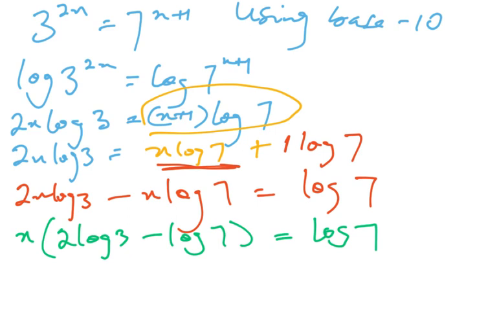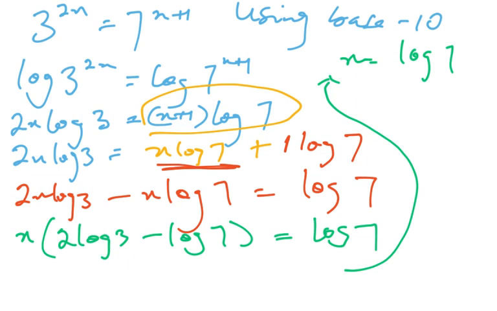So making x the subject, we just divide both sides by 2 log of 3 minus log of 7. When you divide, we are going to get x equal to log of 7 divided by 2 log of 3 minus log of 7.